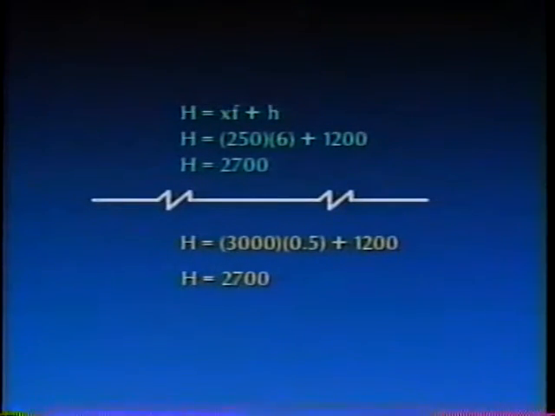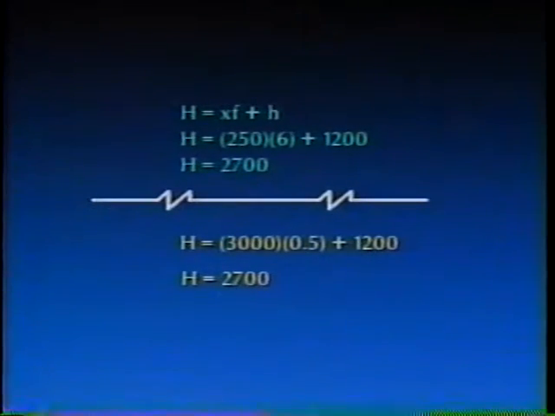Now we can also solve the equation by converting all the numbers to feet. If 1 inch equals 250 feet, then 1 foot on the photo will equal 12 times 250, or 3,000 feet on the ground. Here the scale is a ratio of 1 to 3,000.